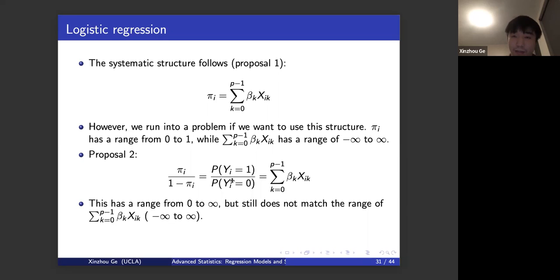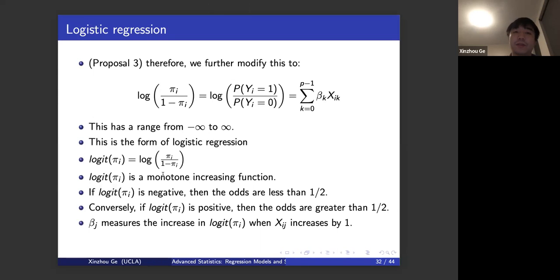So maybe we can use this linear combination to describe this ratio of proportions. But it is still not perfect, because it is from 0 to infinity, but we want the range to be negative infinity to infinity. So that's why we finally propose our final model as follows.